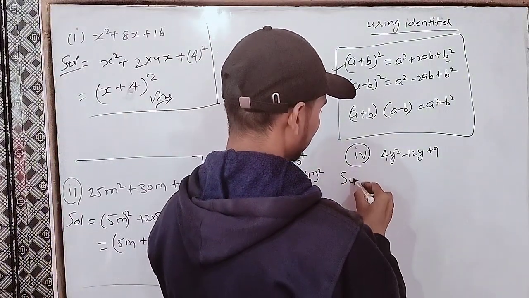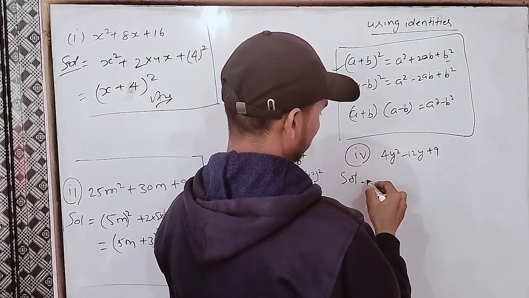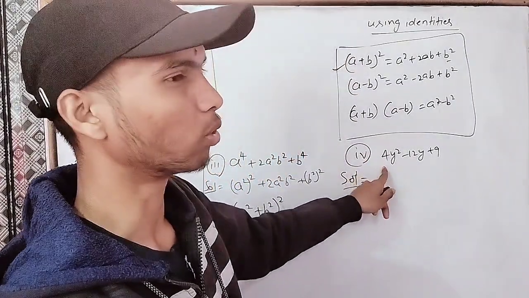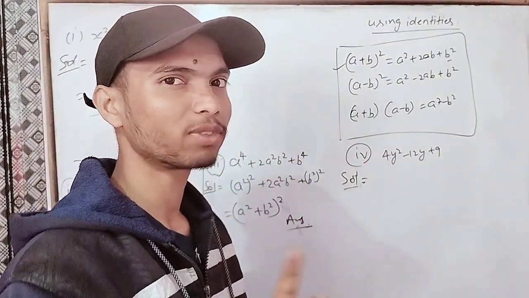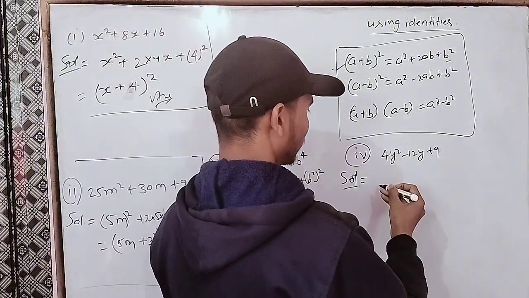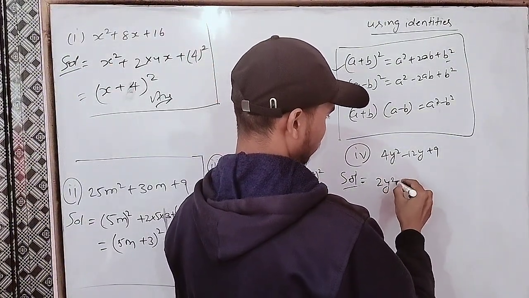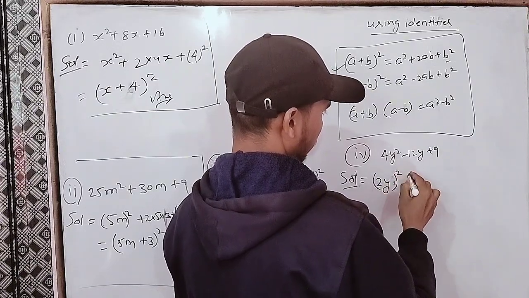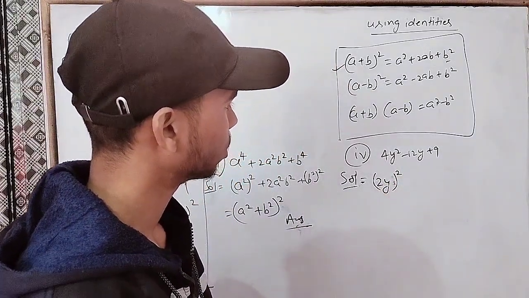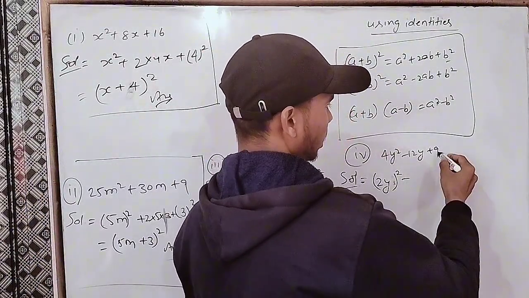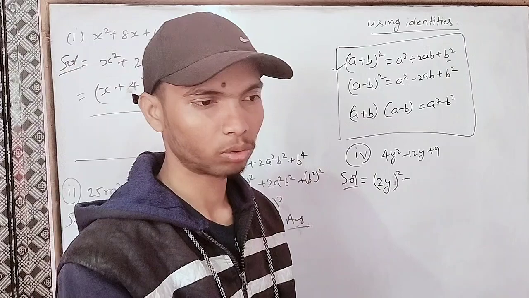Next. So here 2 to the 4 can be written as 2 times 2, 2 times 2. Clear? Then we have 9, 2 times.